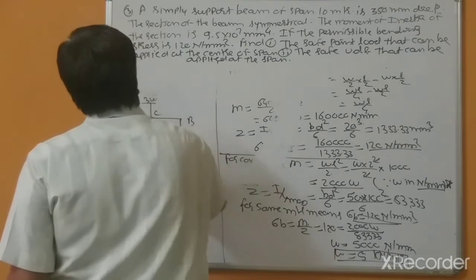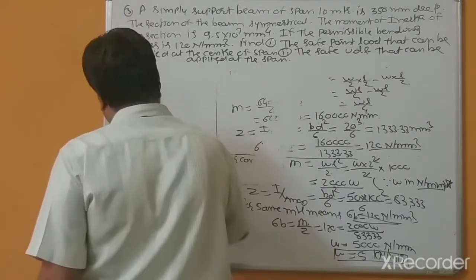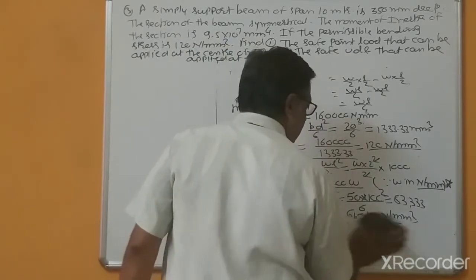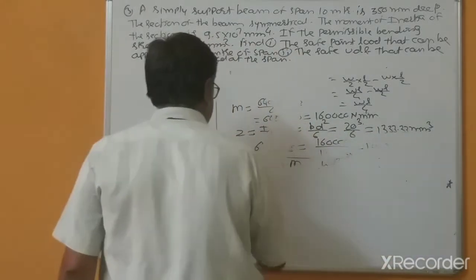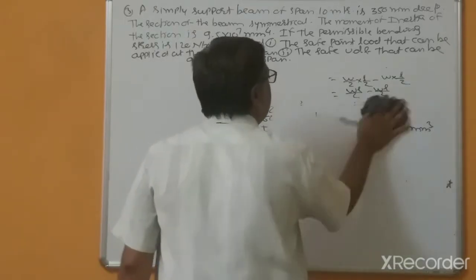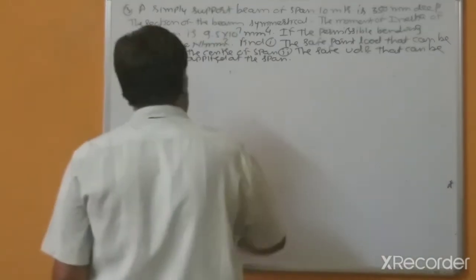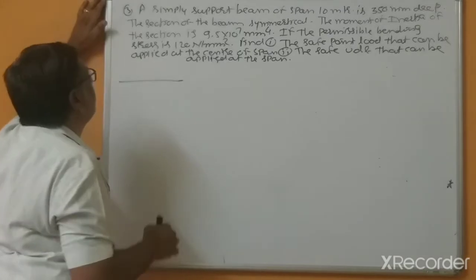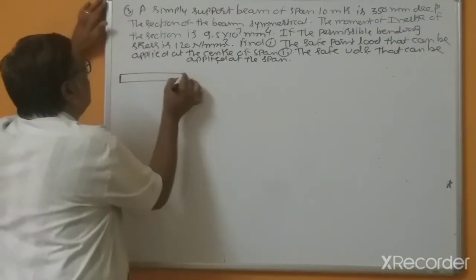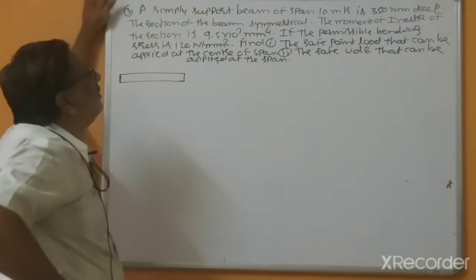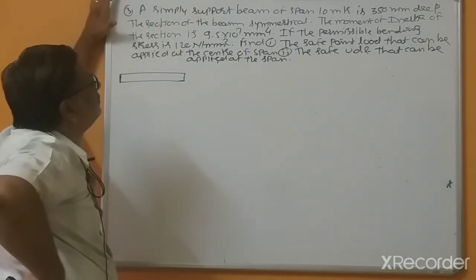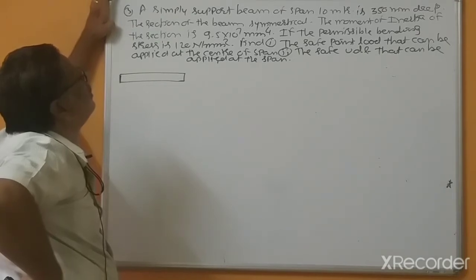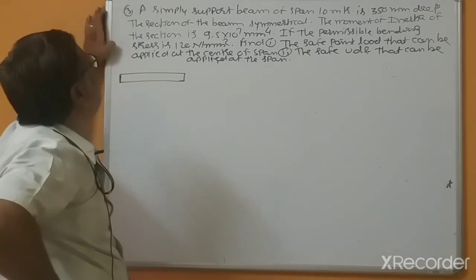Now directly I will calculate the maximum bending moment, that is nothing but the moment of resistance, which is equivalent to the maximum bending moment. The safe point load, 350 mm deep.